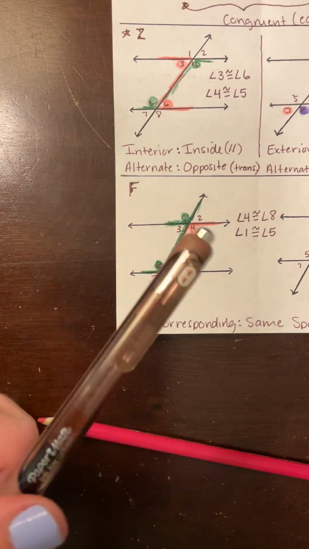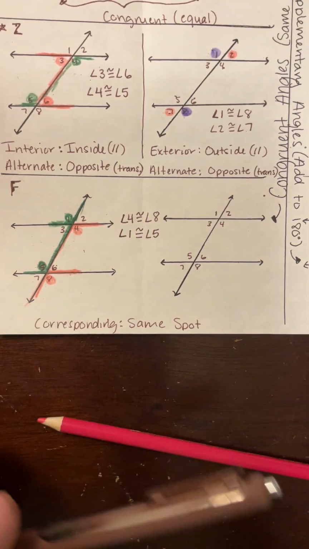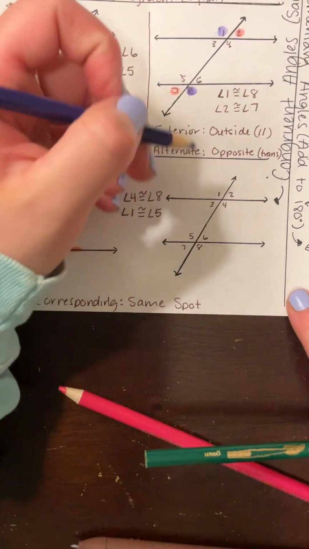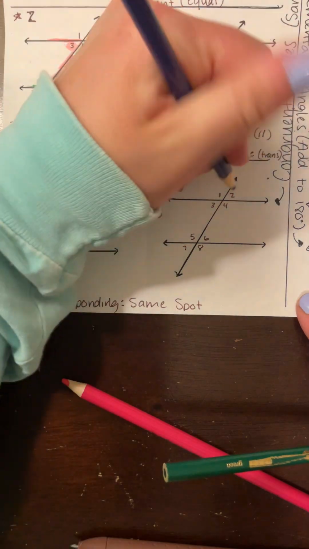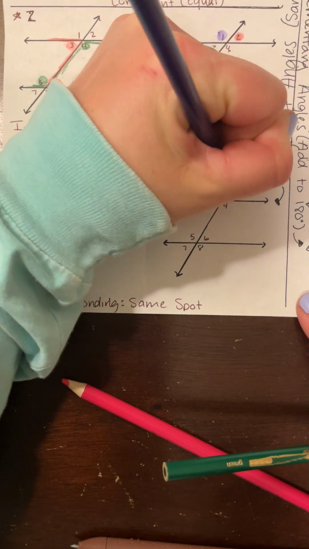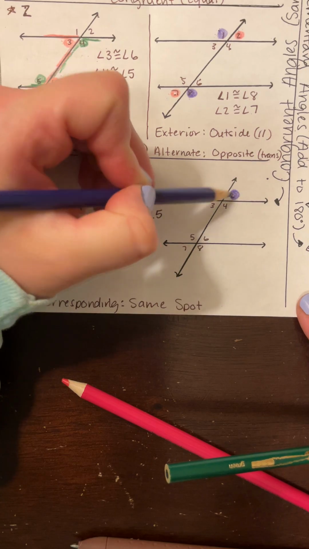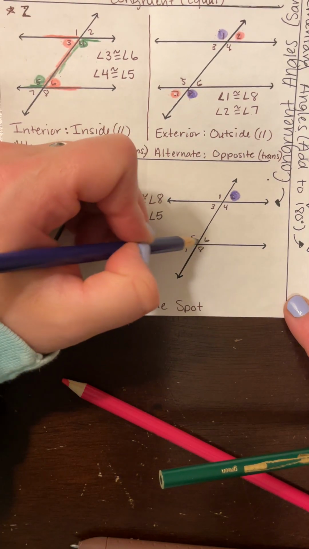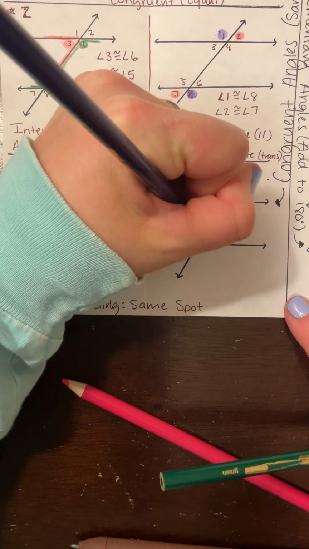Now, there are more sets of corresponding angles. Let's look at them real quick. I'm going to look at them over here just to keep things moving. I'm going to grab my blue this time. We already dealt with 4, 8, 1, and 5. So let's look at 2. Well, 2 is above the parallel and to the right of the transversal. So if we come down here, 5 and 6 are above the parallel, but only 6 is to the right of the transversal.